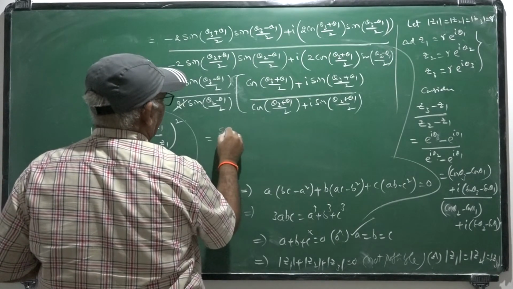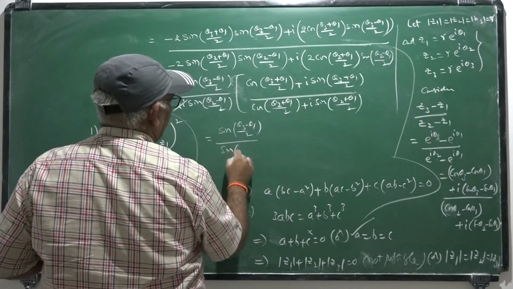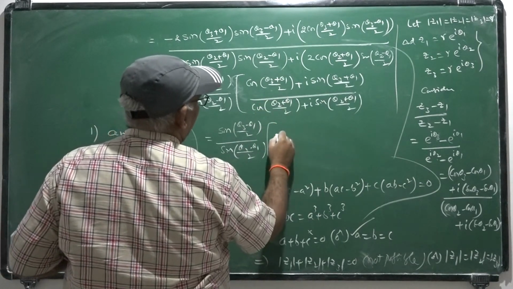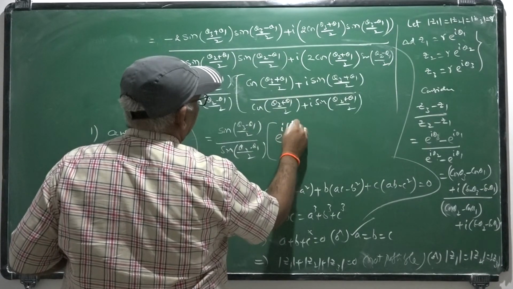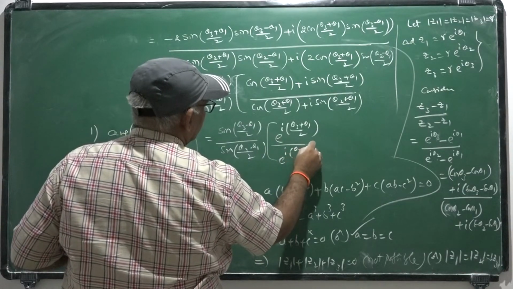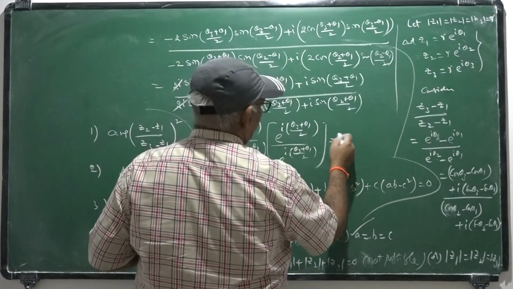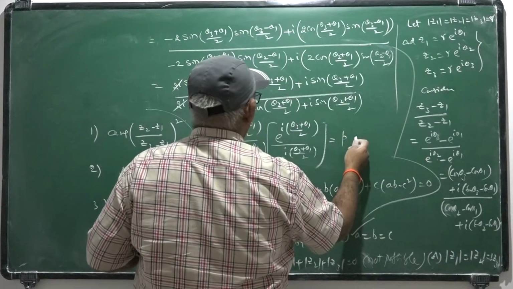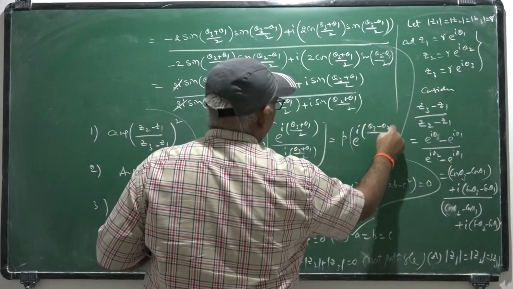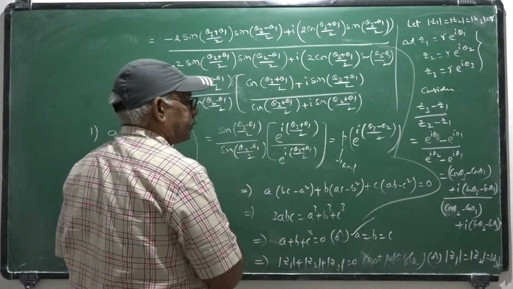This is sin((theta 3 minus theta 1)/2) sin((theta 2 minus theta 1)/2), divided by e^(i(theta 3 plus theta 1)/2) over e^(i(theta 2 plus theta 1)/2), which is the real part of some real number p, into this one, e^(i(theta 3 minus theta 2)/2) itself, which is real. This is equal to this.